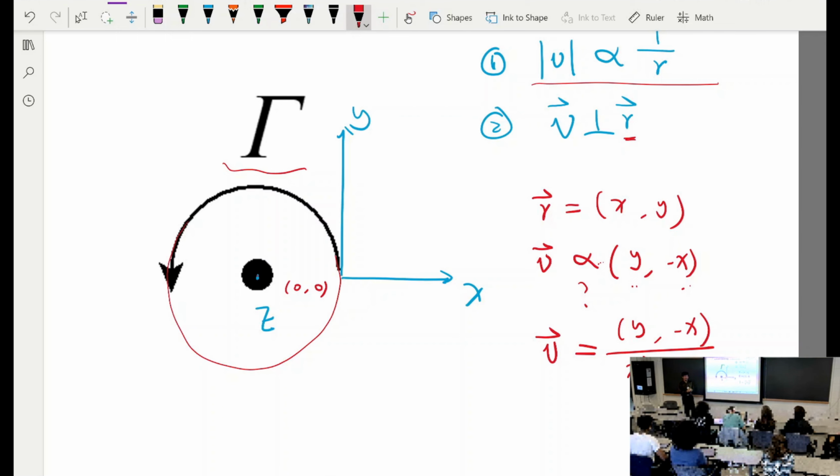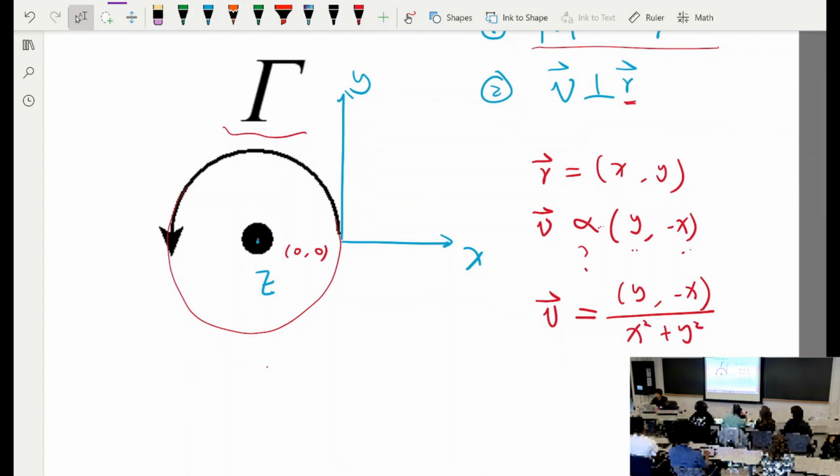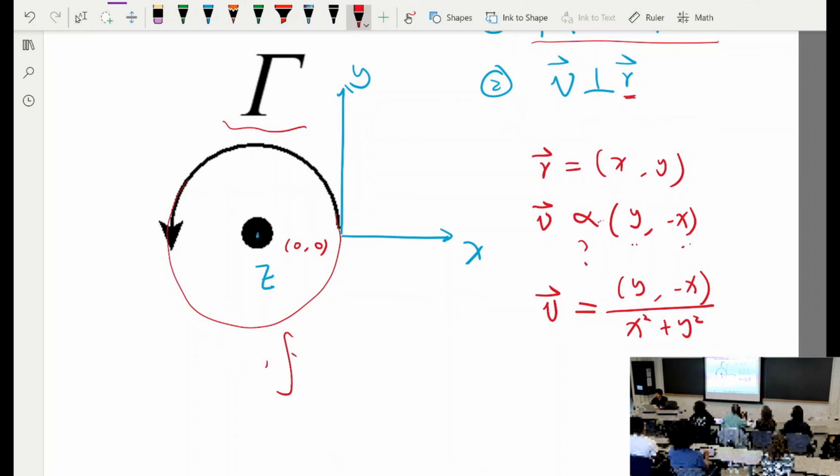I mean, the magnitude is 1 over r. You integrate it along the curve, that is r. Remember, the direction is always aligned, so when you're doing the integration, the vector calculus is trivial because the direction is aligned. So what is the integral over a circle of radius r of v dot dl?